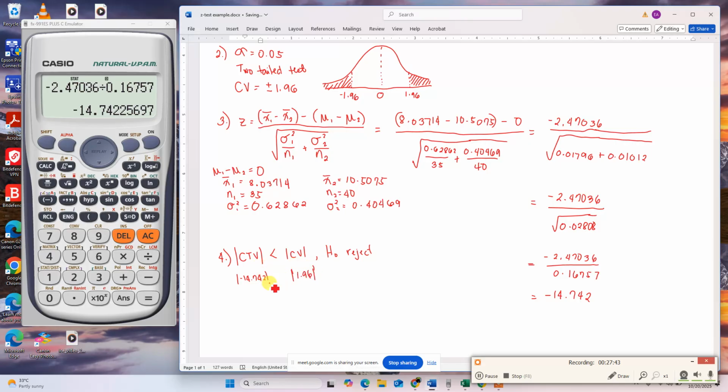In this case, is the computed test value less than or greater than 1.96? Less than, sir? Take note that we are taking the absolute value. So what is the absolute value of negative 14.742?